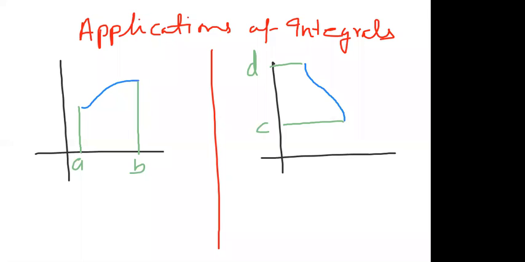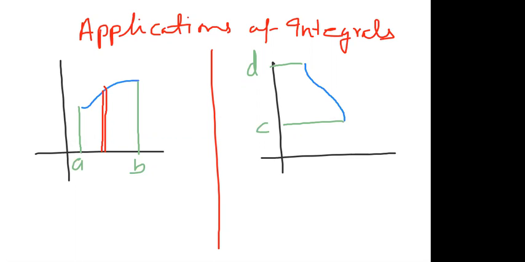See now, we are breaking this whole region from A to B into a small strip. Means first of all, I'm cutting a small strip from the whole area which we need to calculate. Now, the area of this particular strip.